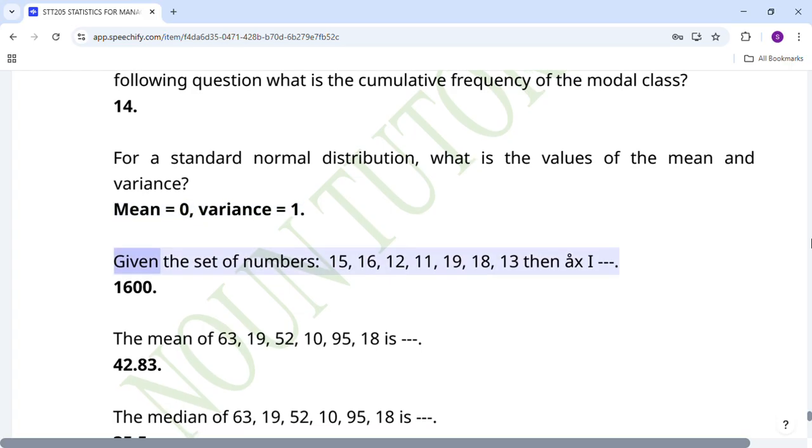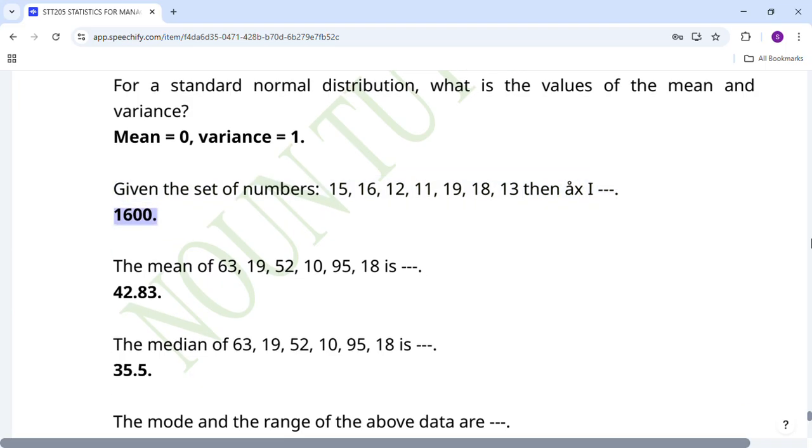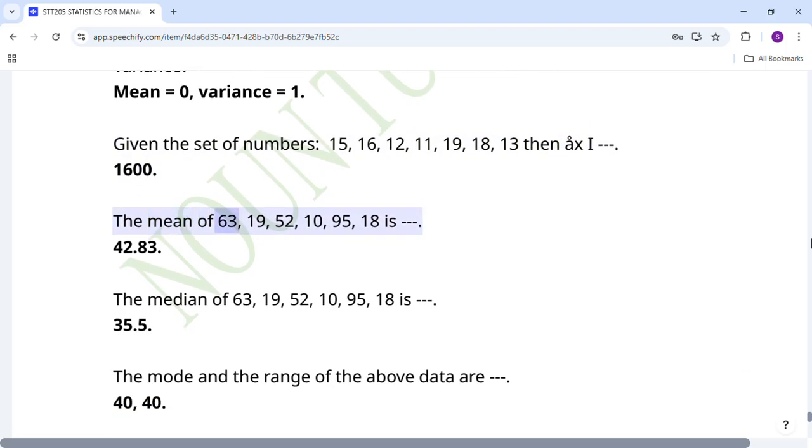Given the set of numbers 15, 16, 12, 11, 19, 18, 13, then Σxi is 1600. The mean of 63, 19, 52, 10, 95, 18 is 42.83.